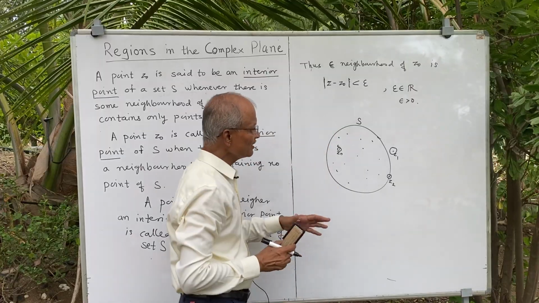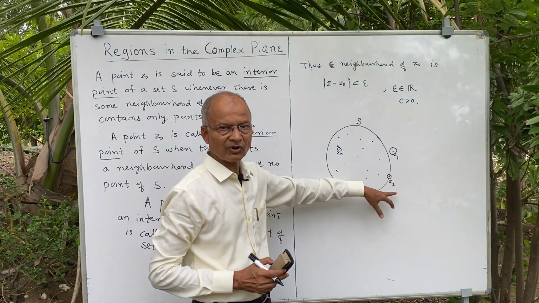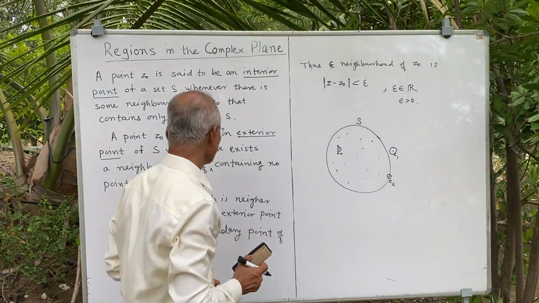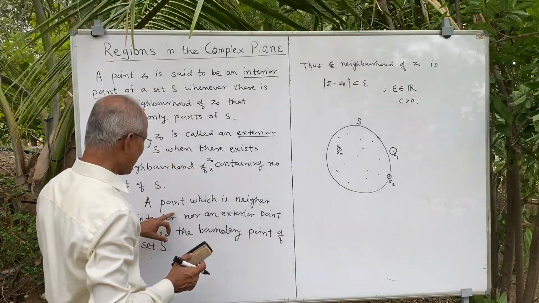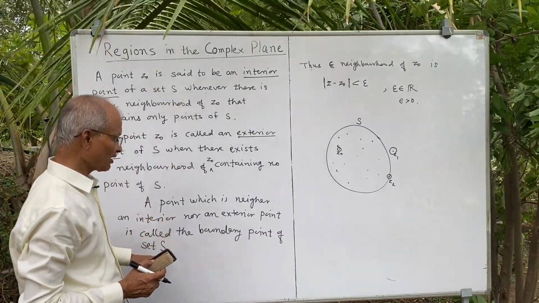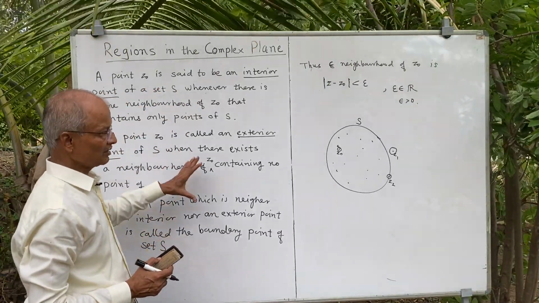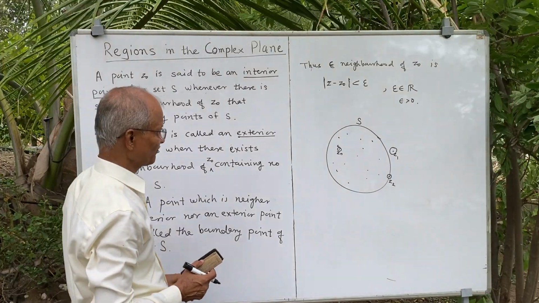So Z0 is an interior point, Z1 is an exterior point, Z2 is a boundary point, and the point which is neither interior nor exterior is called the boundary point.